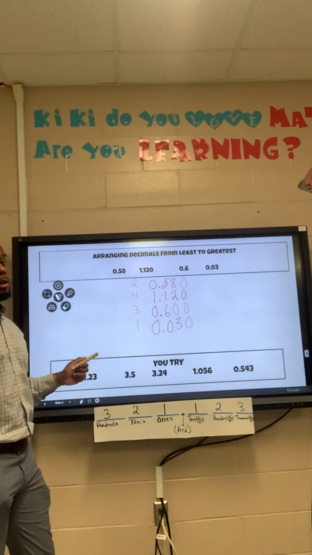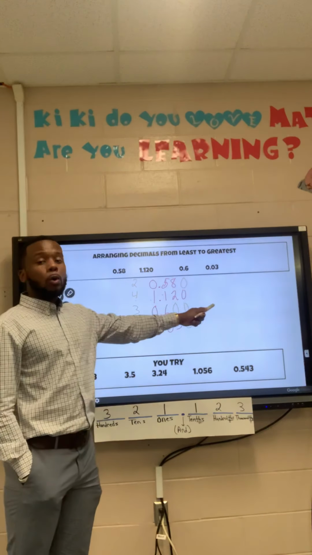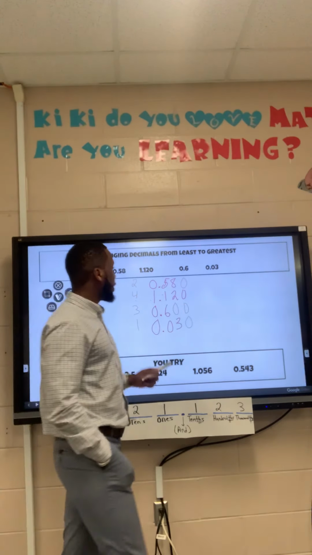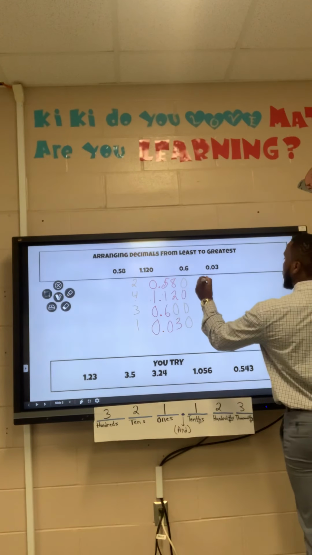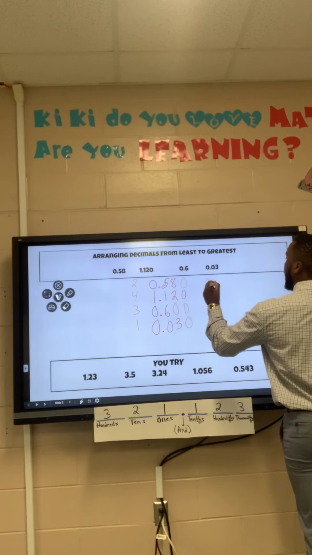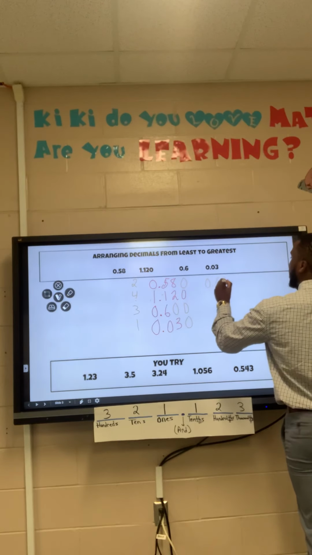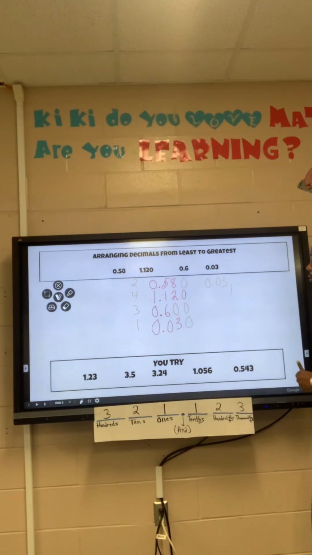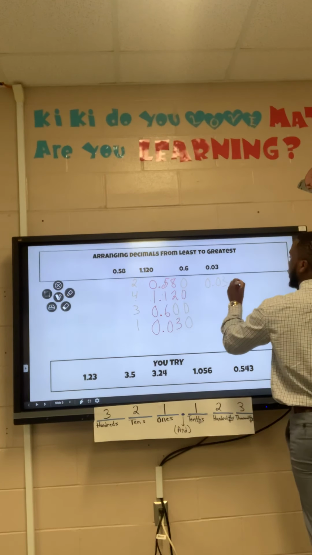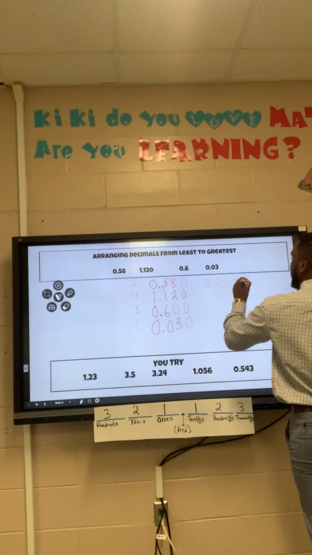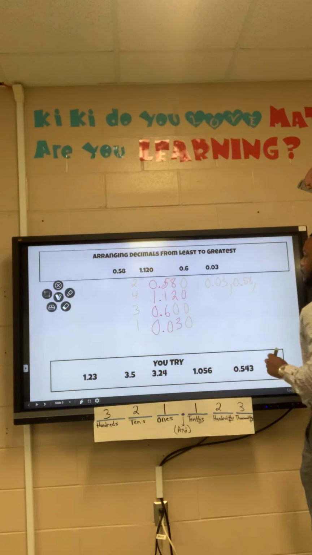So from here, we are going to write them in order on the side from least to greatest. The first smallest number we said was 0 and 3 hundredths. The second one we said was 0 and 58 hundredths.